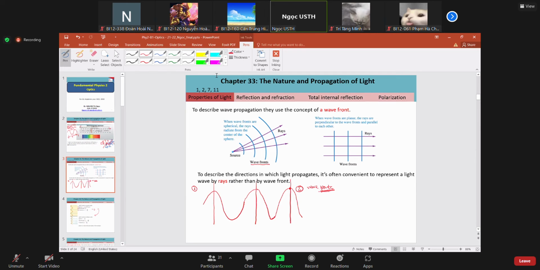What about the properties of the wavefront? This is a question. Can anyone help me to answer this question?